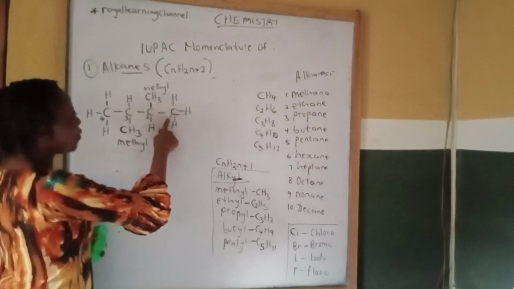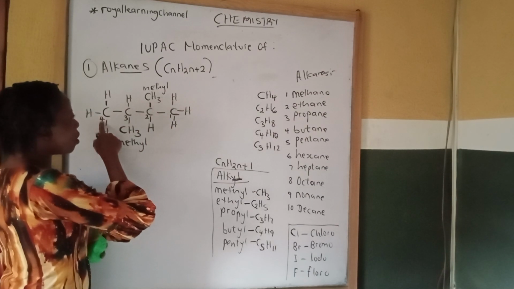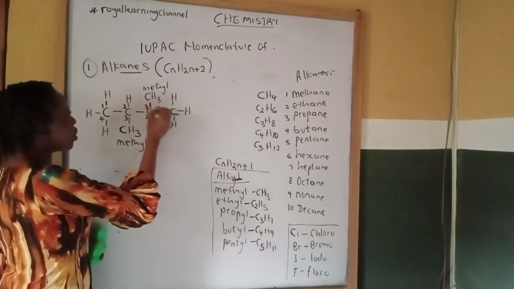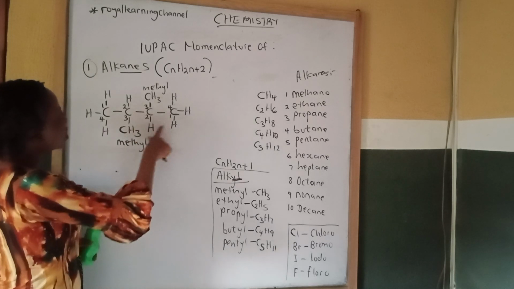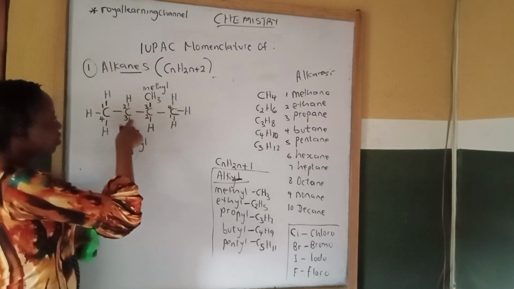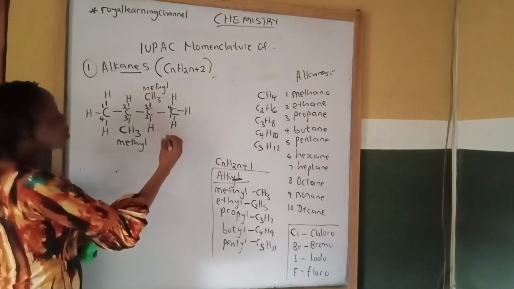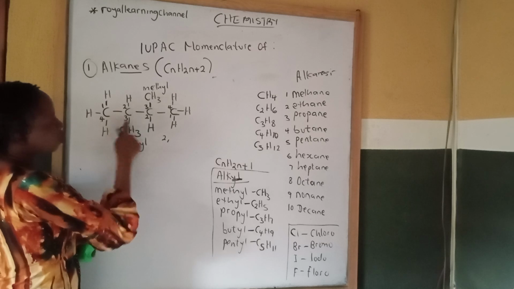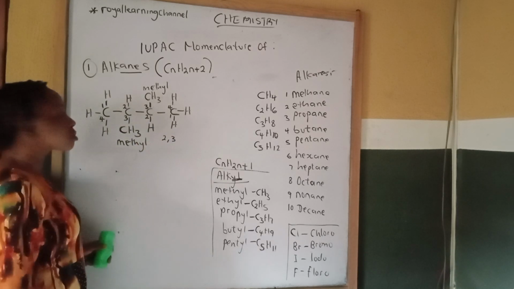Then, let's look at where we are supposed to number. If I number from this side, 1, 2, 3, 4, then from this side, 1, 2, 3, 4. Now, let's consider this side, 1, 2. The first substituent is on 2, then the second substituent is on 3, so 2, 3.